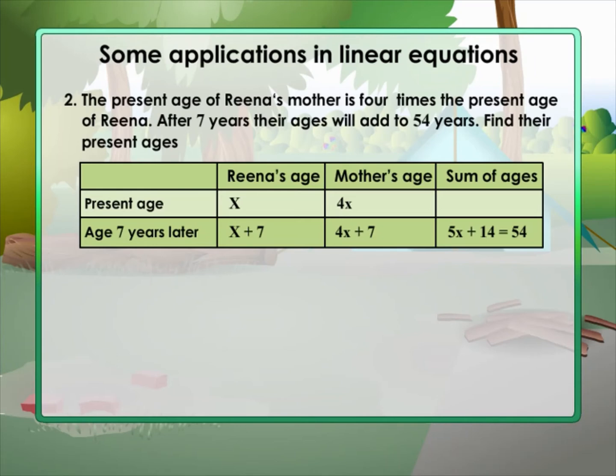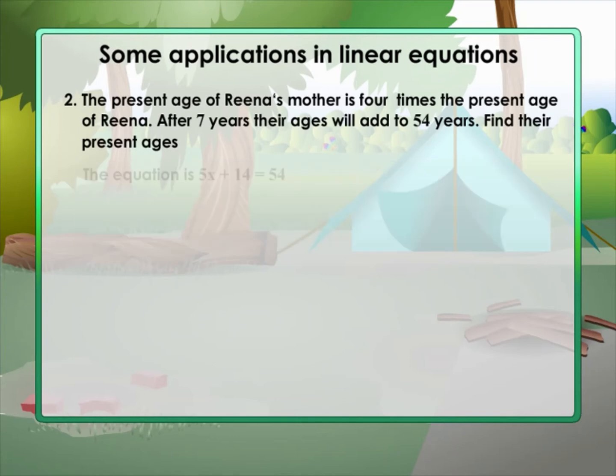Hence, x + 4x is 5x, and 7 + 7 is 14. That is, 5x + 14 = 54. Now we have brought the real-life situation into an algebraic equation. 5x + 14 = 54. We have to take 14 to the right-hand side. It will change into -14.